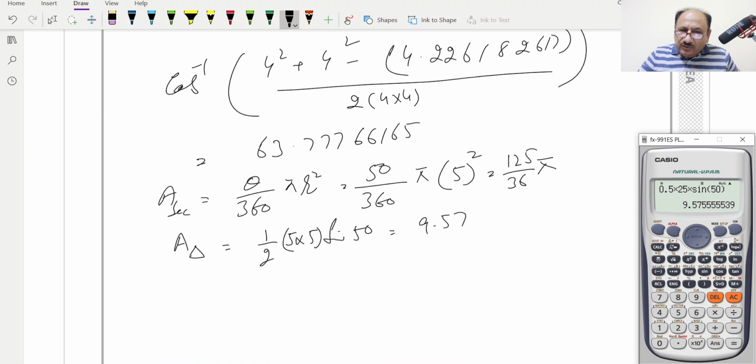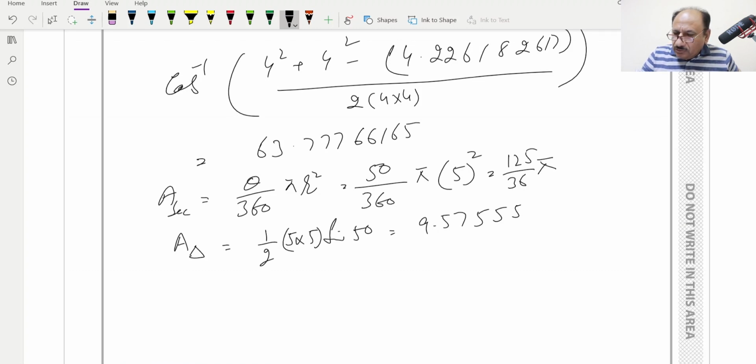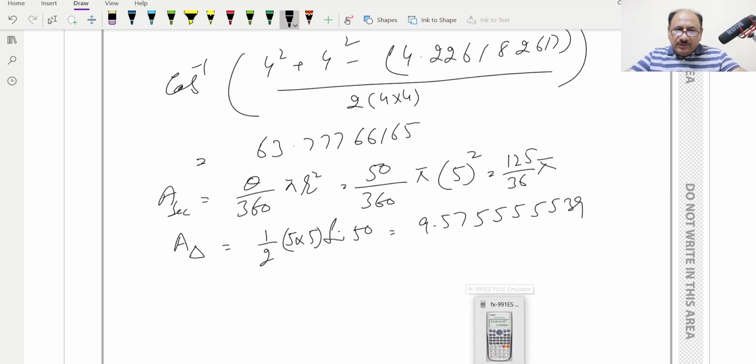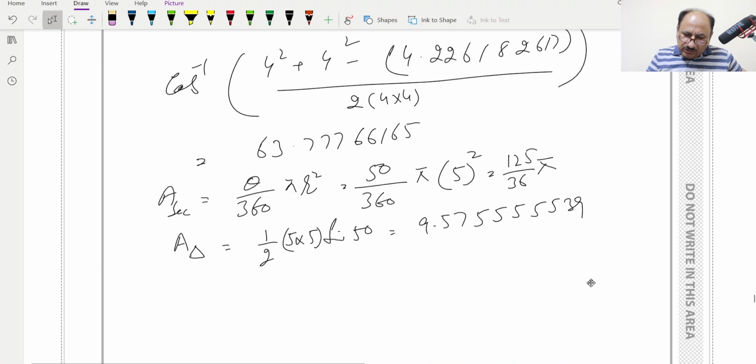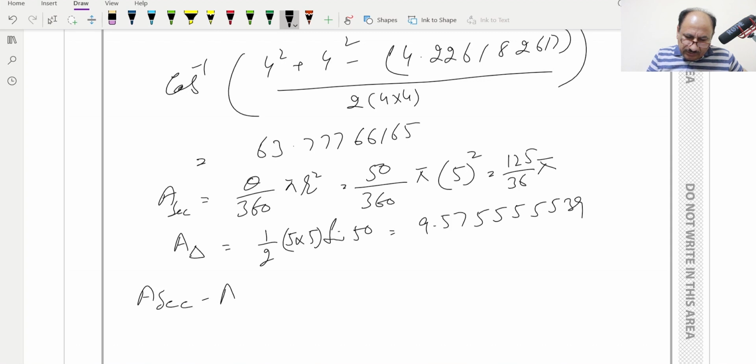This is the area of triangle. So if we subtract this one, we can find this area. This will be area of sector minus area of triangle, and this will be 125 pi over 36 minus 9.57.